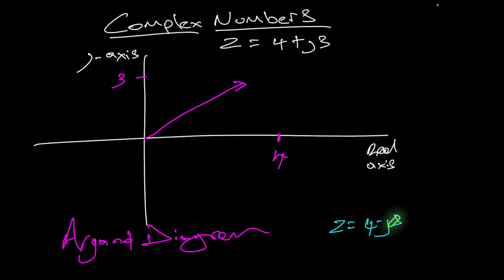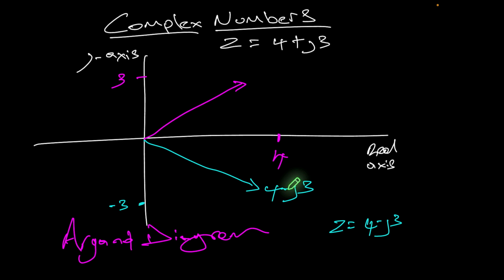Then the 4 is still positive, so that will still be on the right of our horizontal axis, but now the 3 is negative. So what we would have here is our -3 down here, and the direction of this vector will change, so it will go down and to the right like that. And this is what would represent our 4 minus j3.